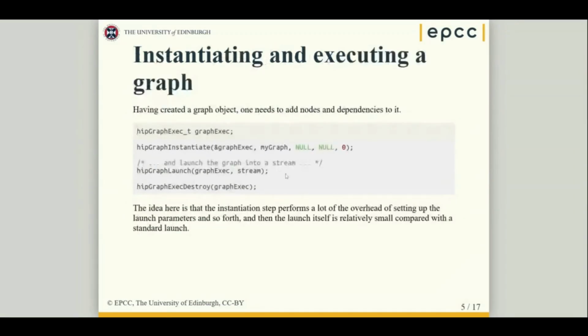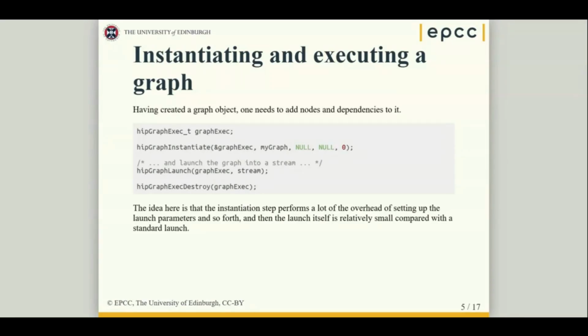Okay, easy. This is just to create the graph. But now we will need to populate the graph. Actually, there are two steps. We have created the graph, but now we need to instantiate the graph.